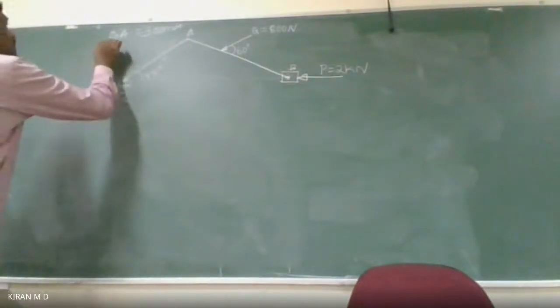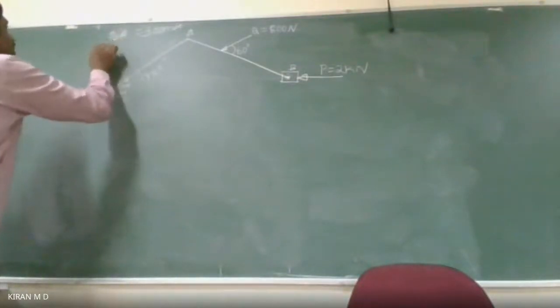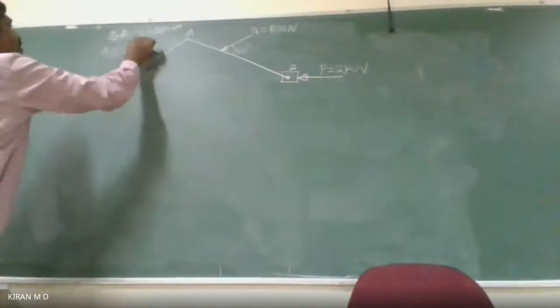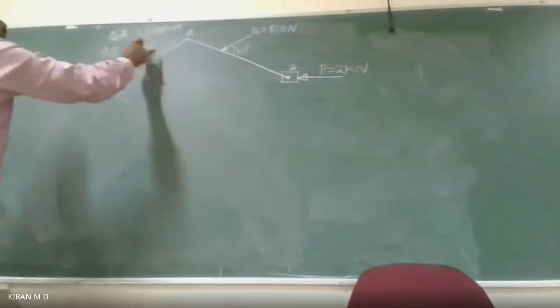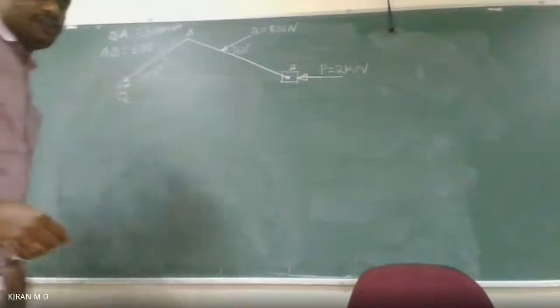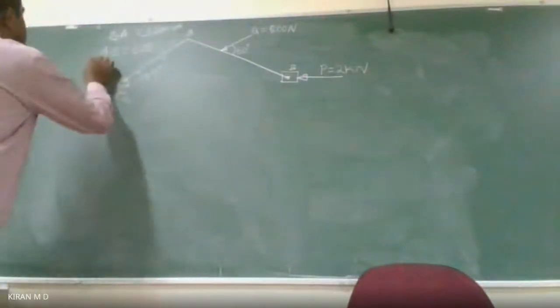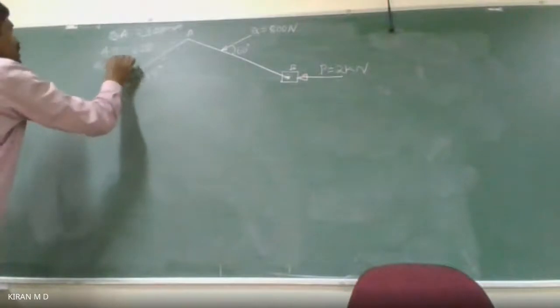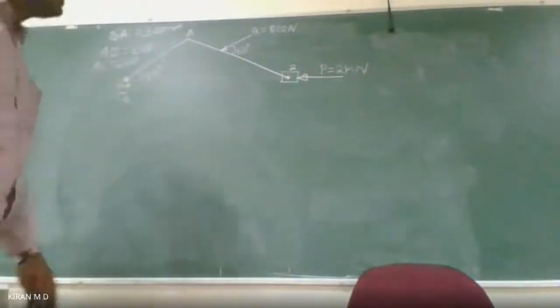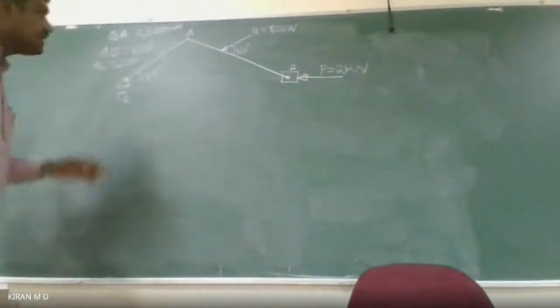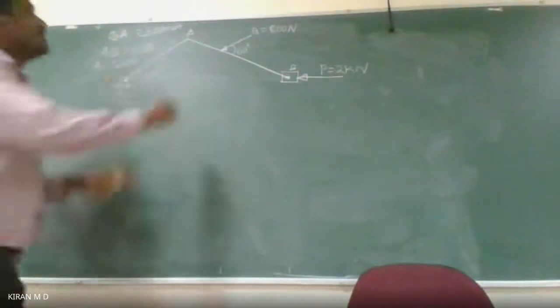Then AB is equal to 600. Then AC is equal to 200. Okay? So these are the lengths of the links. This is C.